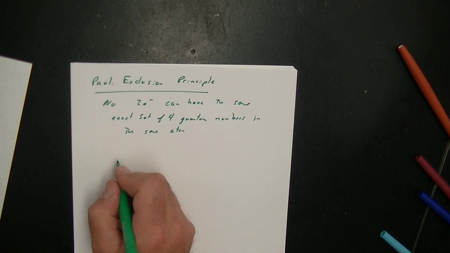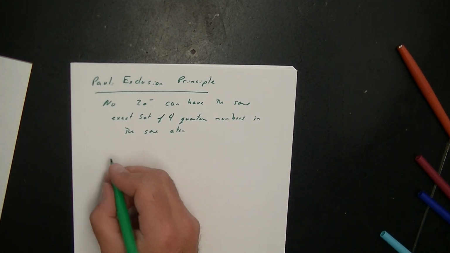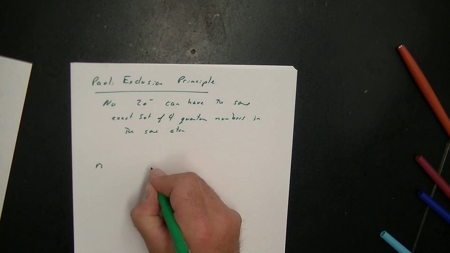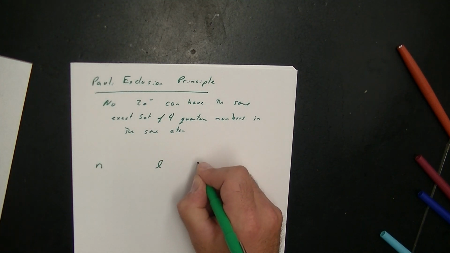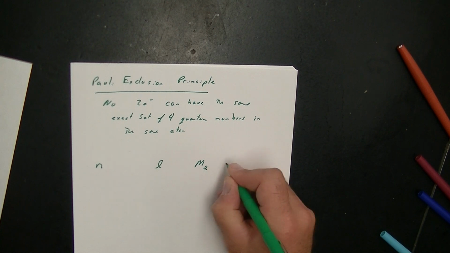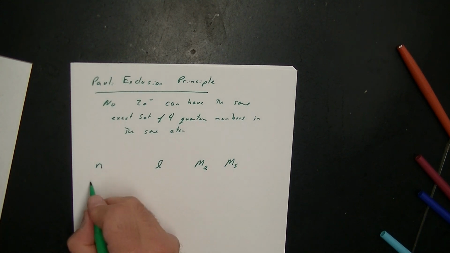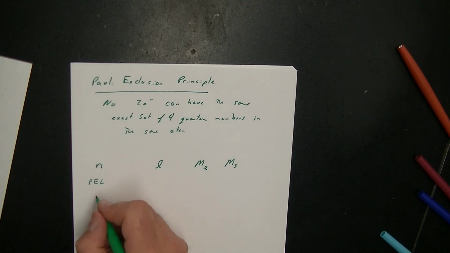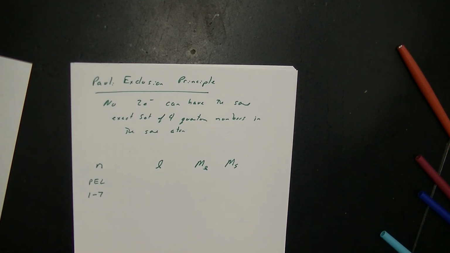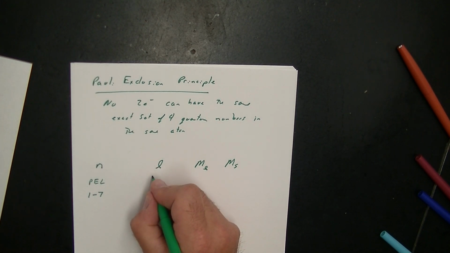We have 4 quantum numbers. We have n, we have L, we have ML, and we have MS. n, if you remember, is our principal energy level, and we can have n equals 1 through 7. L is our sublevel.